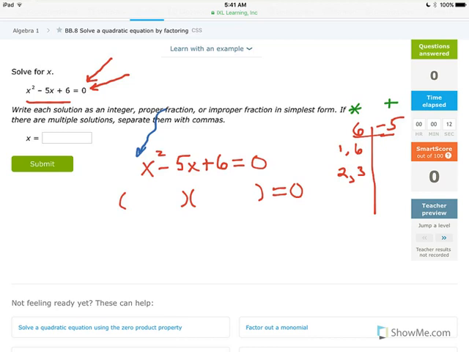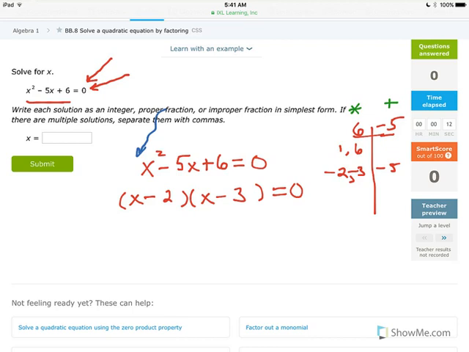If you make both of these negative, negative 2 times negative 3 is still positive 6, since a negative times a negative is positive. And if you add them, you get negative 5. So that is our combination. It's going to be x minus 2 and x minus 3.